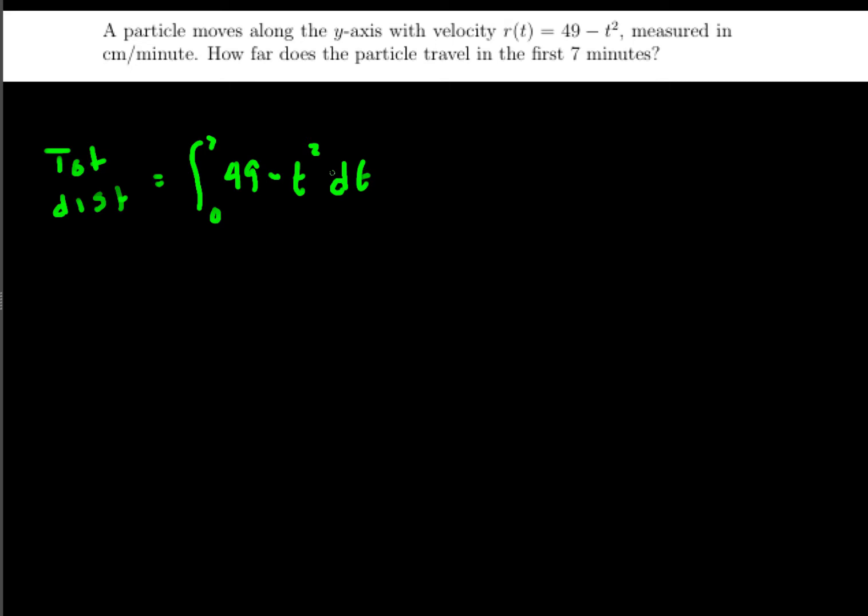Now, the fundamental theorem of calculus says to evaluate this integral, we need to find an antiderivative of this function here. So let's try to work that out.